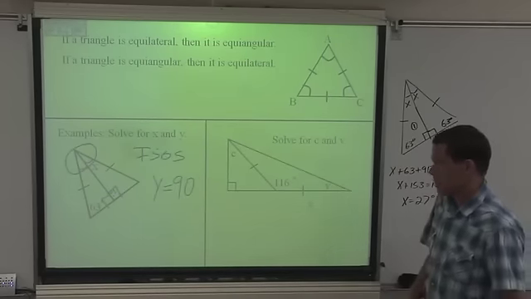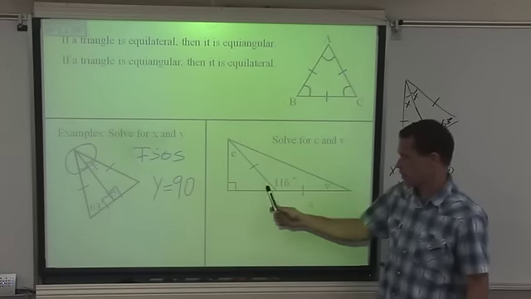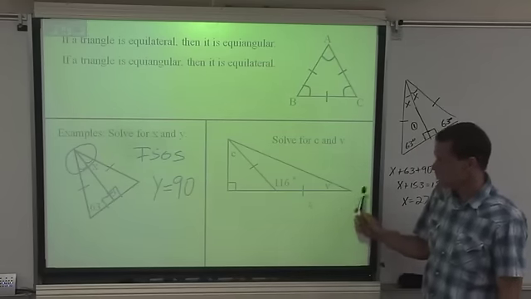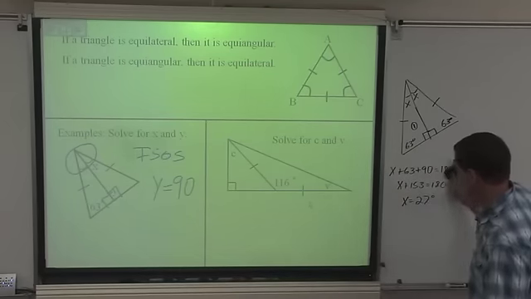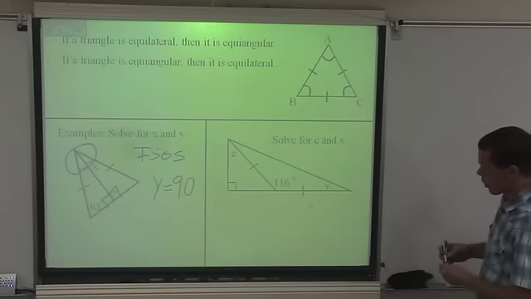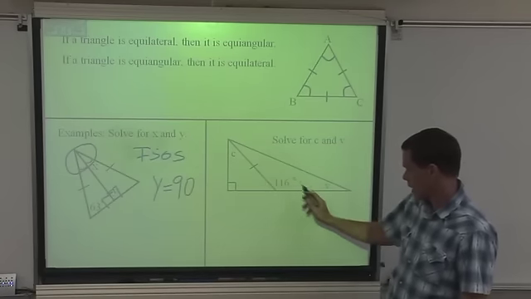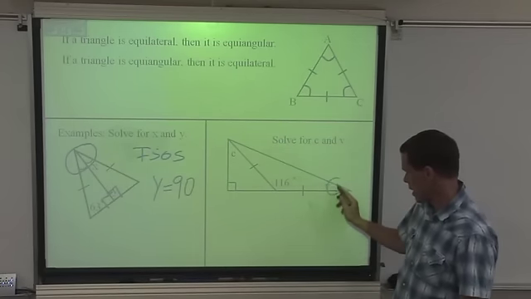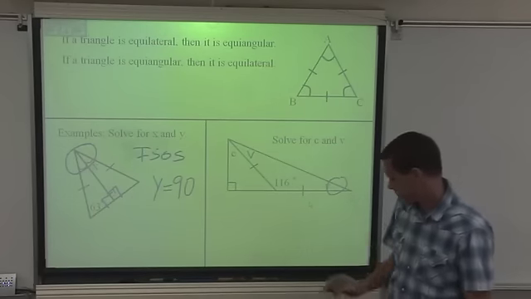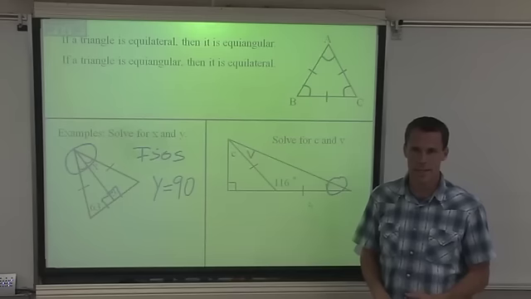Now here's example number 2. The key in this example is to notice that there is a right triangle and an isosceles triangle. And there are a couple things that we want to address here. First, let's look at V. In order to solve for V, I'm going to notice isosceles triangle. So V has to be the same as that angle there. Isosceles triangle has two congruent base angles.